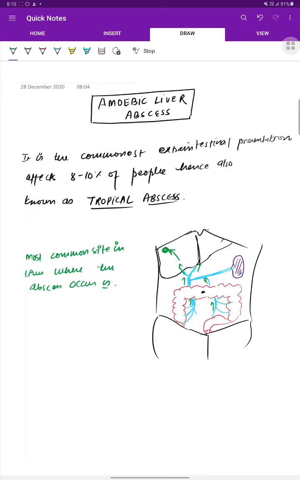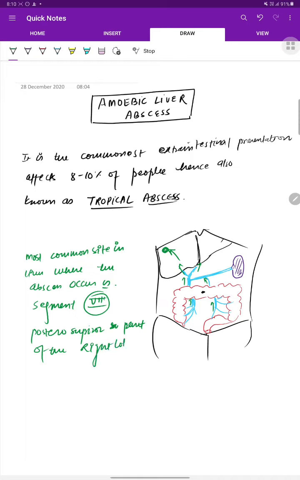Why does it occur in segment 8 only, the right lobe over the posterior superior surface? I will also tell you the segmental anatomy of the liver. The posterior superior part of the right lobe. Okay, why does it occur over here?